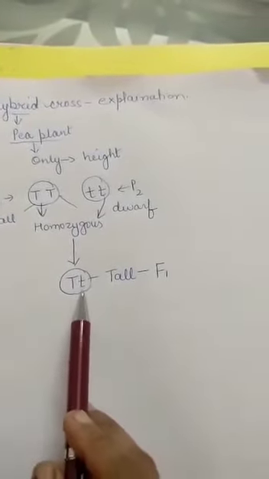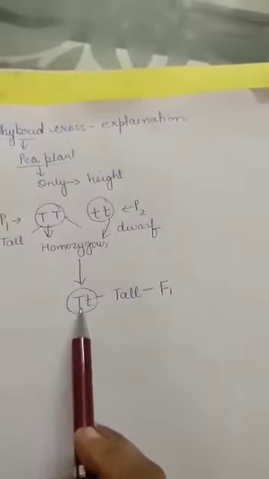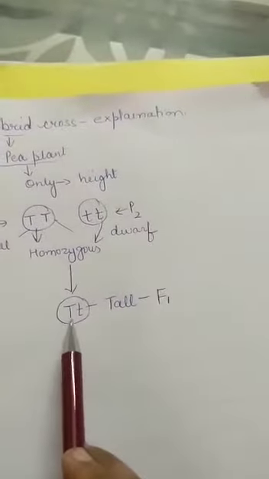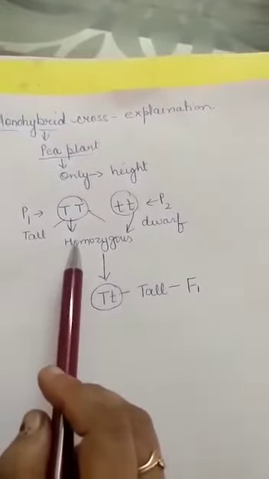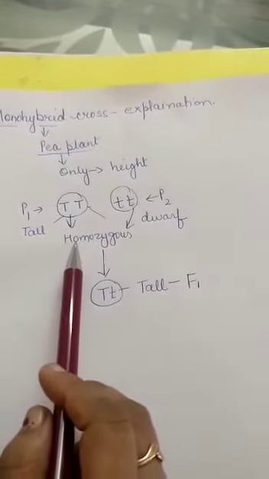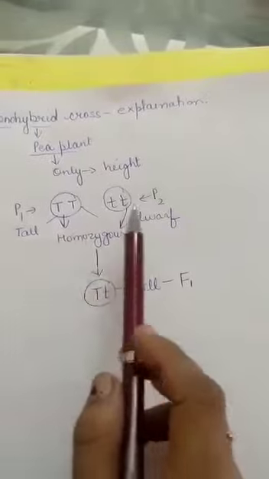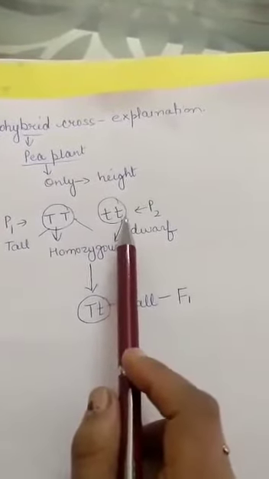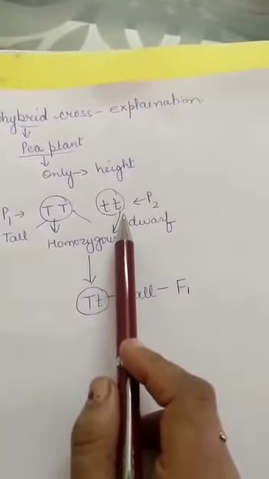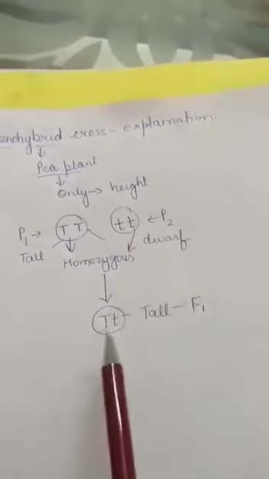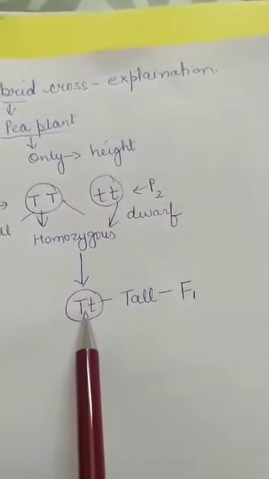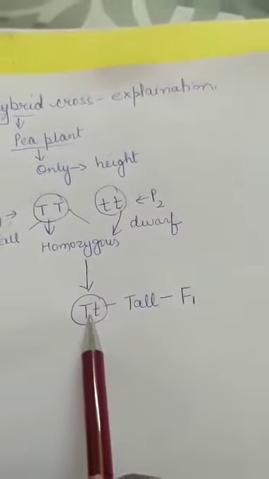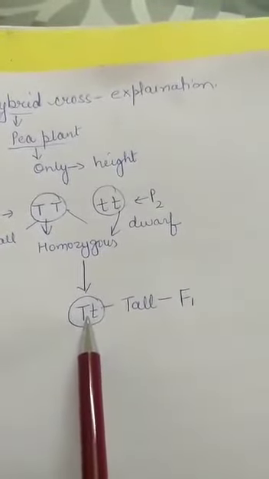Here you need to notice that parent 1 has a homozygous pure tall genome, the other parent has a pure dwarf homozygous genome, but the individuals produced in the F1 generation were not pure.